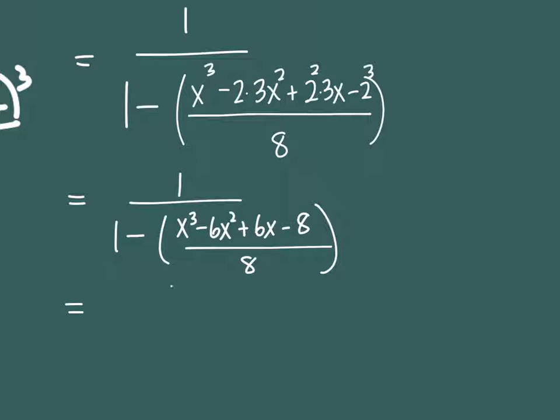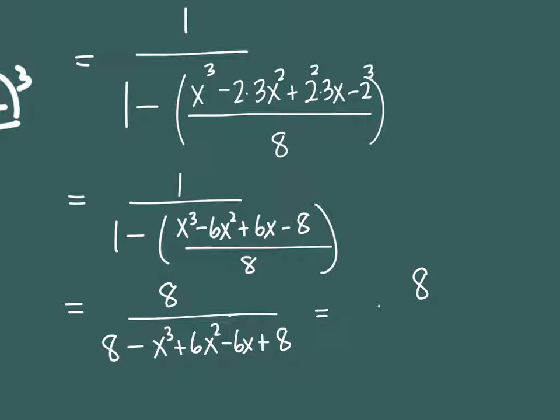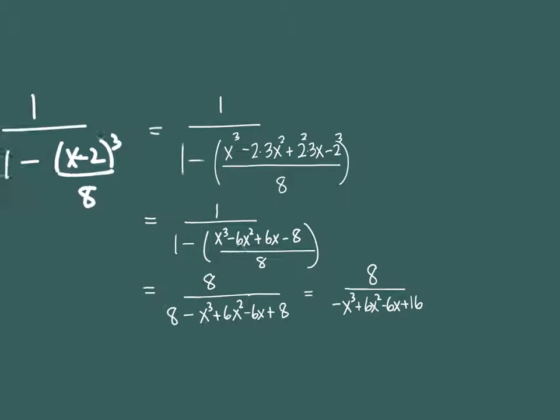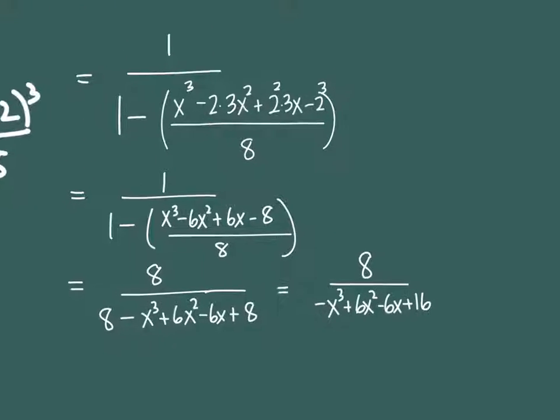I'd multiply everything by 8. So I'll have 8 over 8 minus (x cubed minus 6x squared plus 6x minus 8). So I multiply everything by 8 and I distributed the negative back into the quantity. So I'll have 8 over negative x cubed plus 6x squared minus 6x plus 16. And that will be the sum.